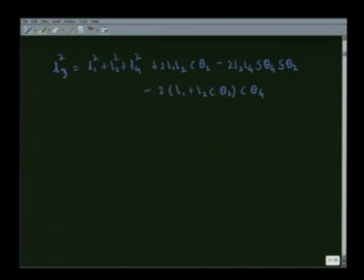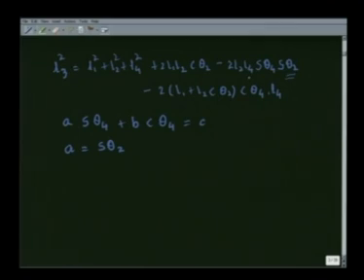If we now divide both sides of this equation by twice L2 L4, here I have missed out one L4, so let me write it here. Now divide all the terms of this equation by twice L2 L4, and as a result we get a simple equation A sin theta 4 plus B cosine theta 4 is equal to C, where A is given by sin theta 2, coming from this term.